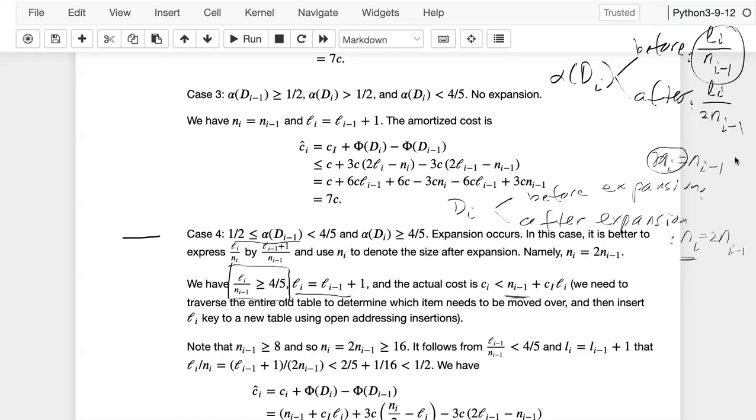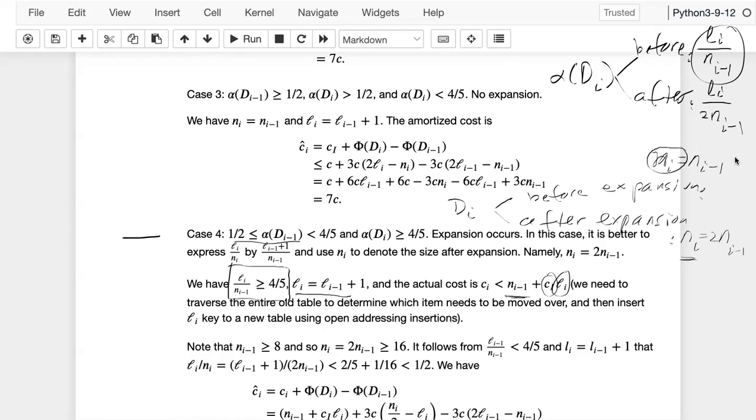Then we're going to insert it into the right place, from left to right, for instance. So then we have L sub I many non-tombstoned keys, and for each such key, we're going to insert it into the new table, which would take c time.